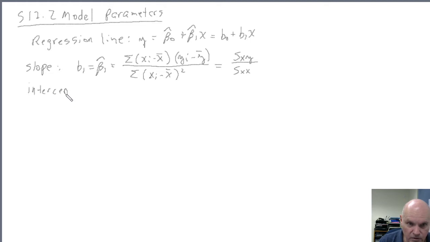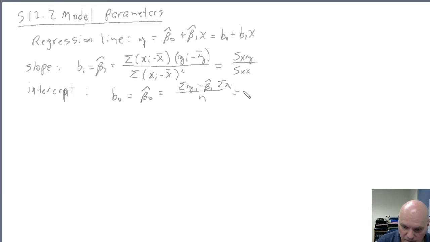The formula for the intercept, beta 0 hat, is a little simpler. It's the sum of the y minus beta 1 hat, which we now have, times the sum of the xi, all divided by n.